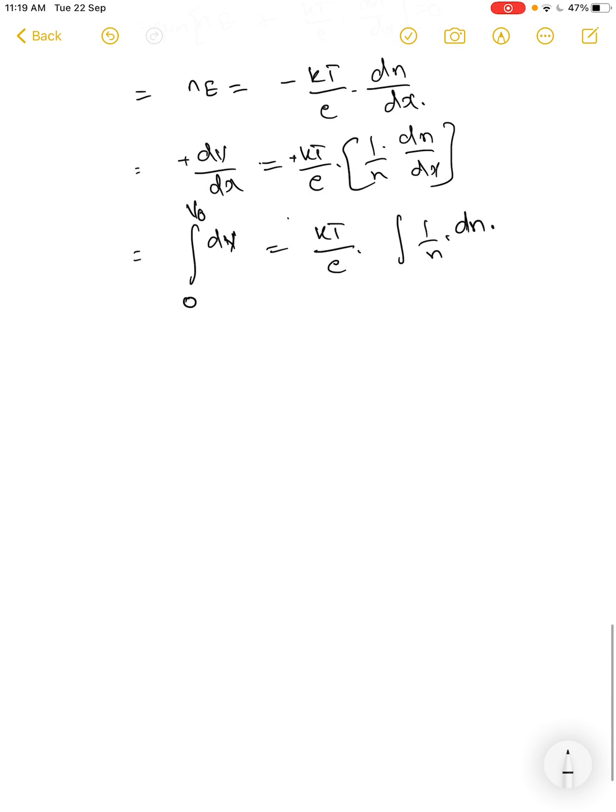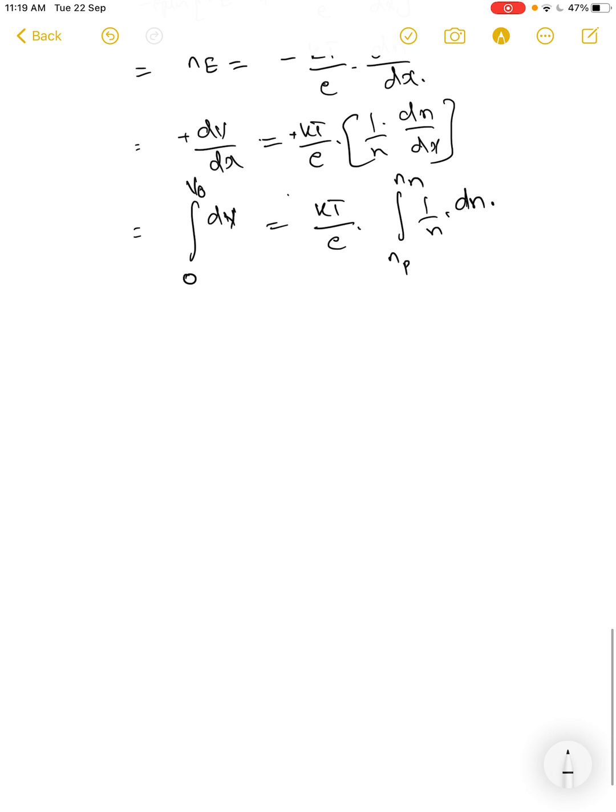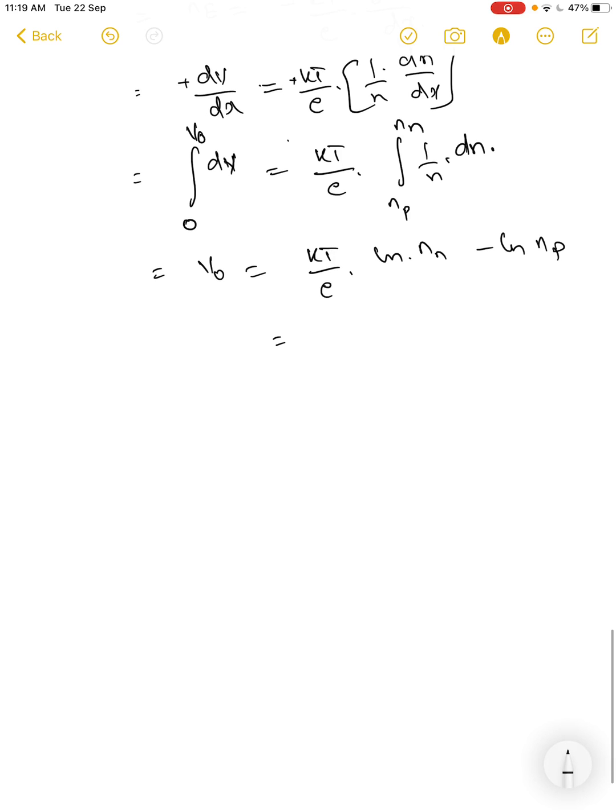Both of them are equilibrium concentrations, because at the far end we assume nothing much changes. So V0 is kT by e times ln n in n-type minus ln n in p-type, which can be written as kT by e ln nn by np. It has to be V0.